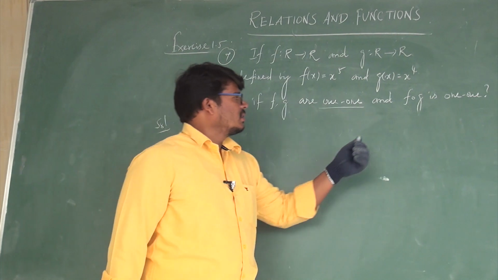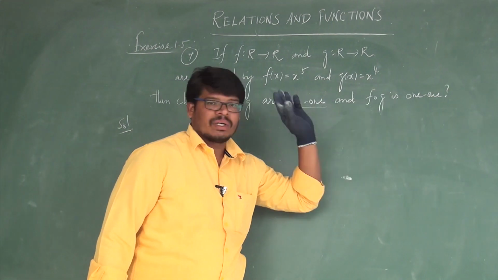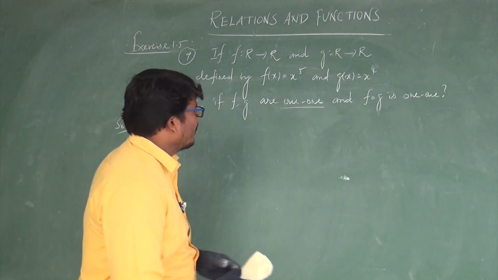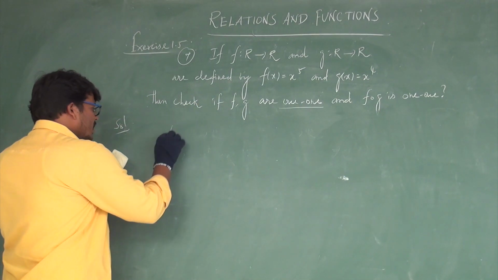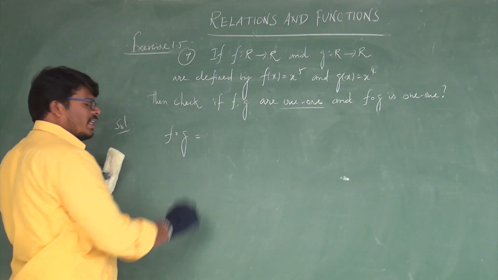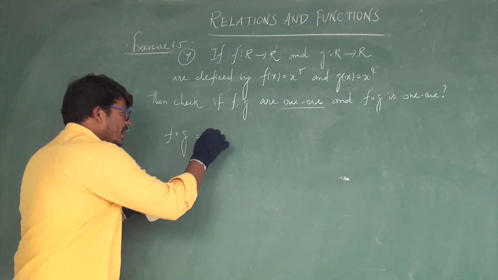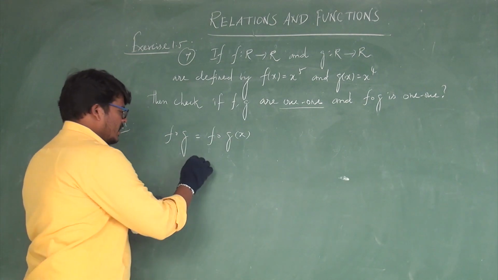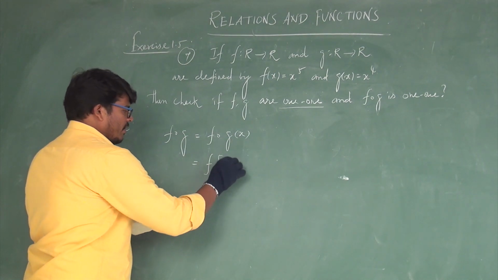Next, we check whether f dot g is one-one. f dot g of x is f of g of x.